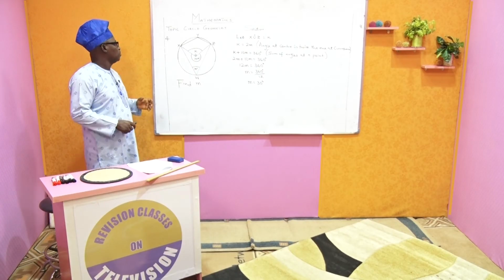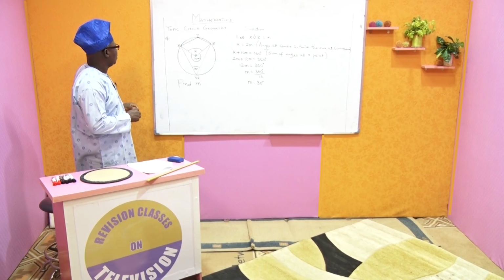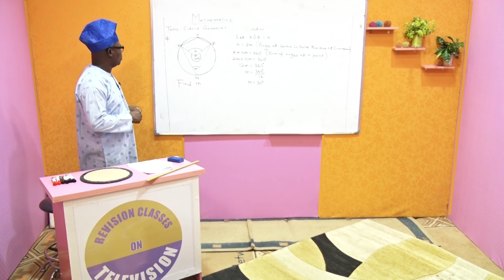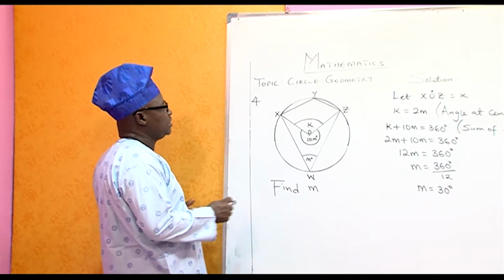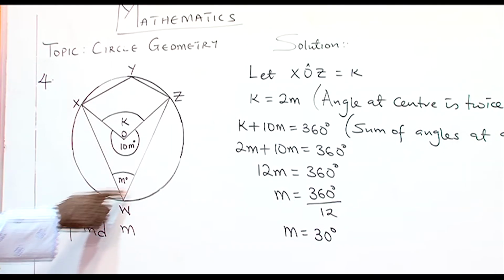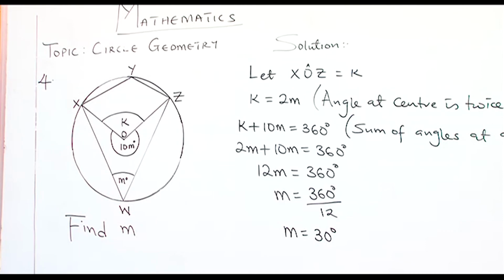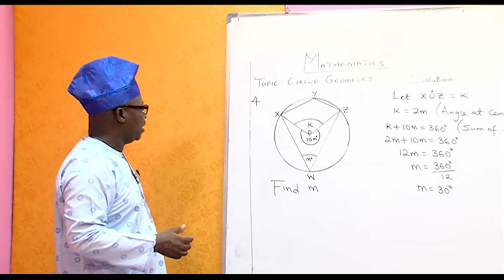Looking at this question, you discover that we have an angle at the center, and likewise we have another angle at the circumference. Though we can also see that we have a quadrilateral, 1, 2, 3, 4. But we have not been able to use the properties or the theorems concerning cyclic quadrilateral here.